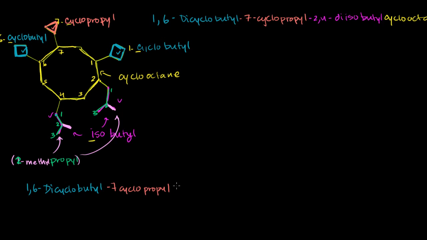So at 2 and 4, 2,4-bis(2-methyl propyl). So this part right here is the exact same part as that part right there. This is the common name. This is the systematic naming. And then we have our cyclooctane.